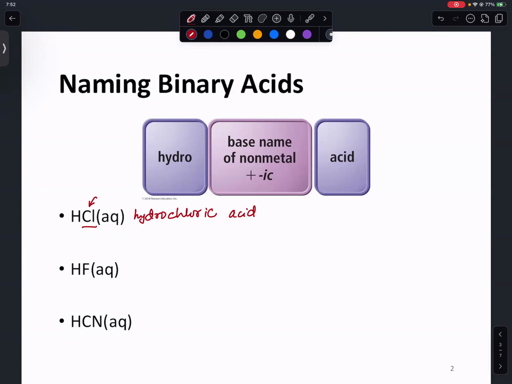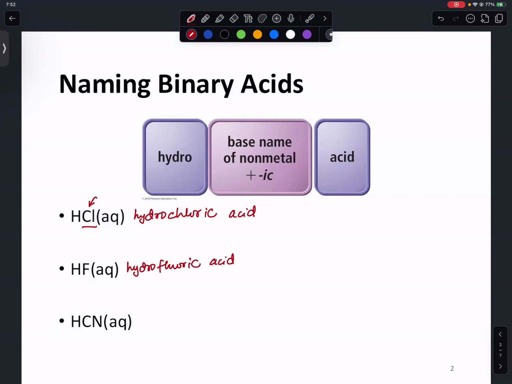The second example, HF, same thing. We will add hydro and then fluor, and then ic: hydrofluoric acid.